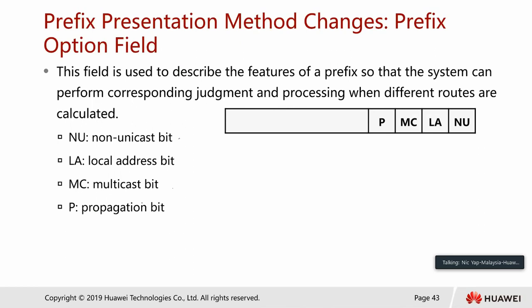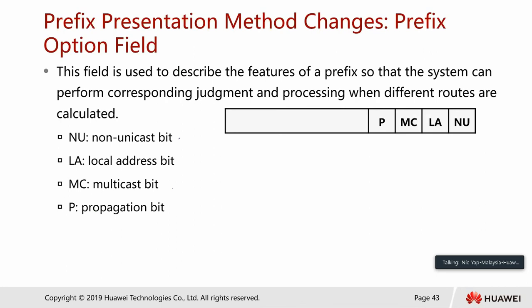And the P is the propagate bit. This bit needs to be set to 1 if your NSSA prefix needs to be advertised by the ABR. You need to have this propagation bit set to 1 to allow your NSSA to be advertised by the ABR.